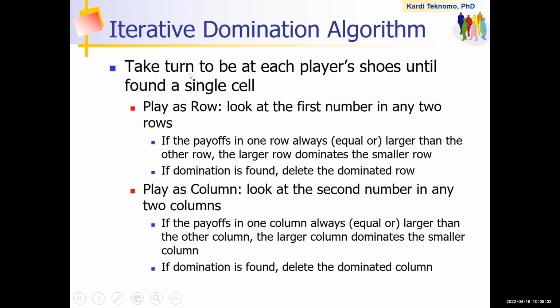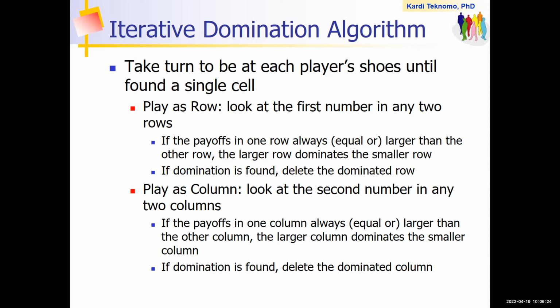Again, the iterative domination algorithm is to take turns, to be in each player's shoes until you find a single cell. Say you play first as row, that means you look at the first number in any of the two rows.